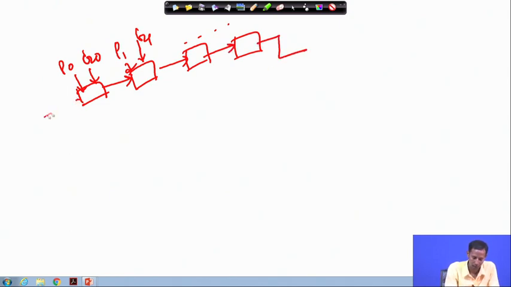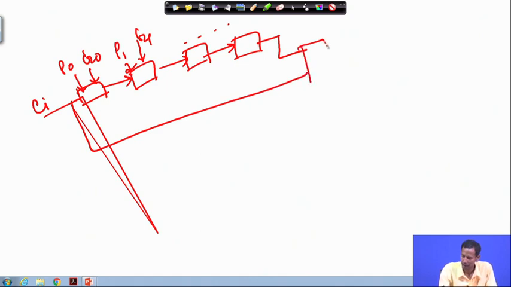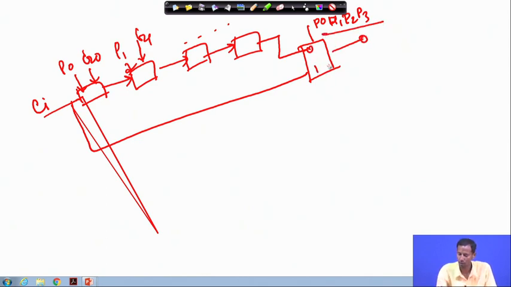Then if this is the Ci, then ultimately this is the P0, P1, P2 and P3 signal, which is basically selecting this. If all the bits are 1, at that time it is selecting this, so the final C out equals this Ci.